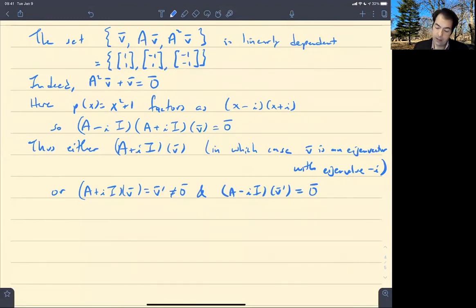So that now v prime is an eigenvector and the eigenvalue is i.